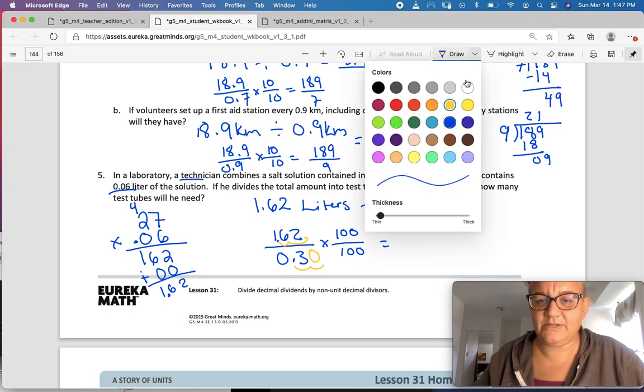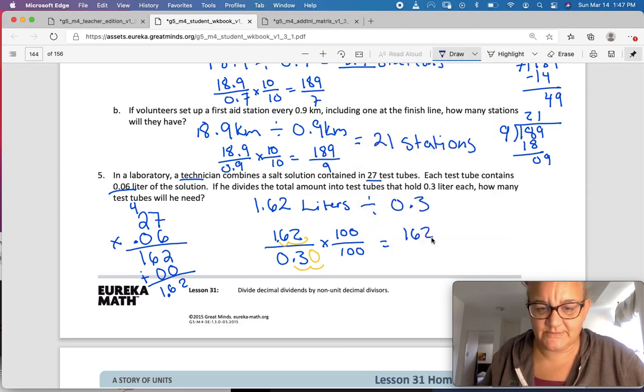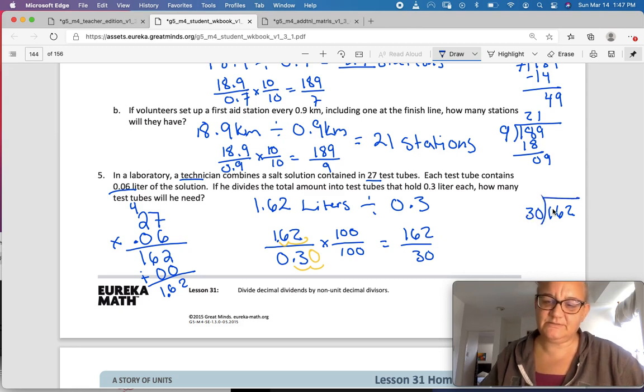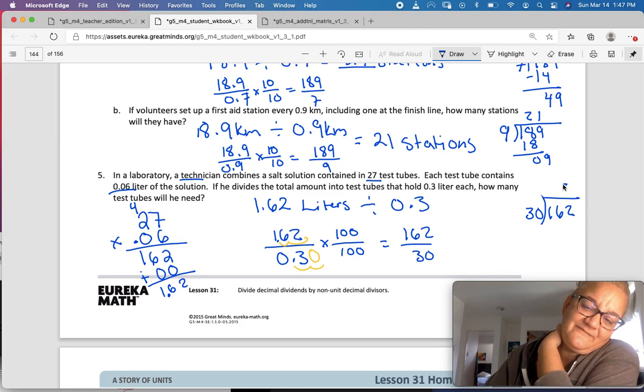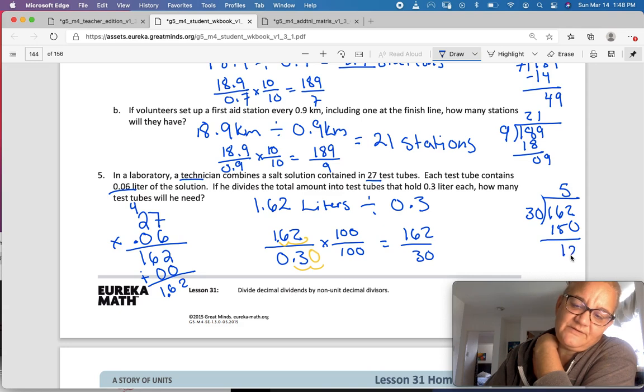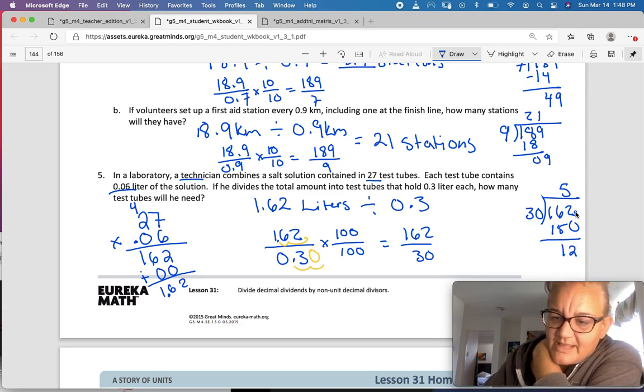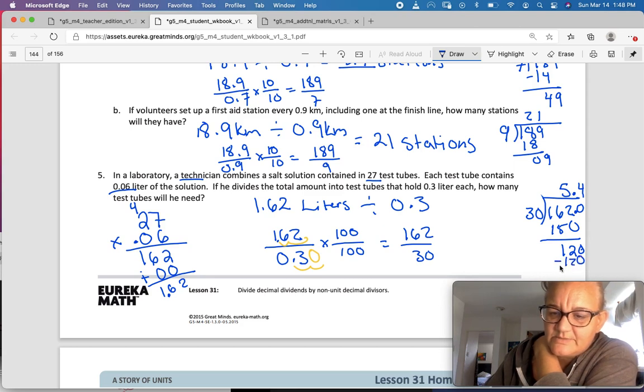And now my new fraction is 162 over 30, and then I'm going to move my long division over to the side of my paper. 30 goes into 165 times. Okay, and then I'm going to have 12 left over, so I'm going to have to add a decimal here, and then add a 0 here and add a decimal there, and 30 goes into 124 times, right? 4 times 120. Okay, so 5.4.